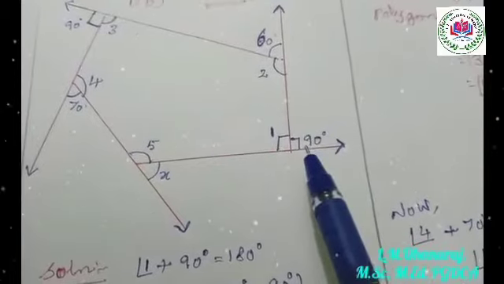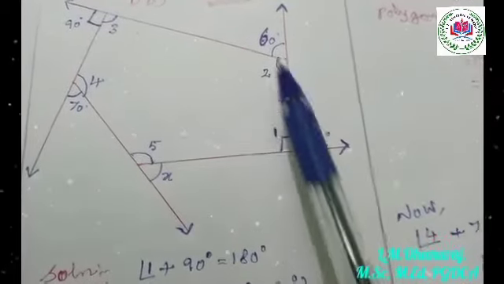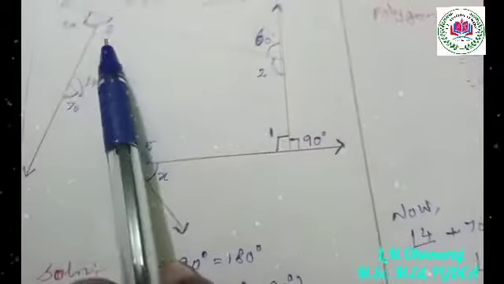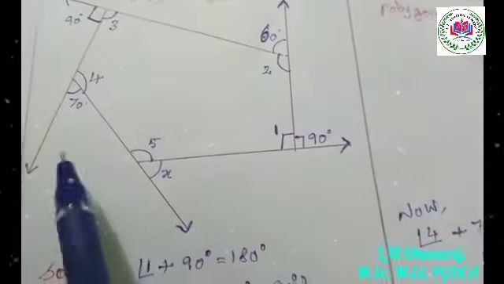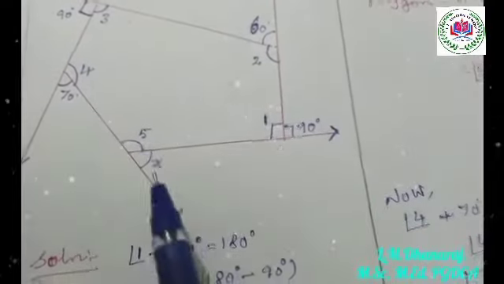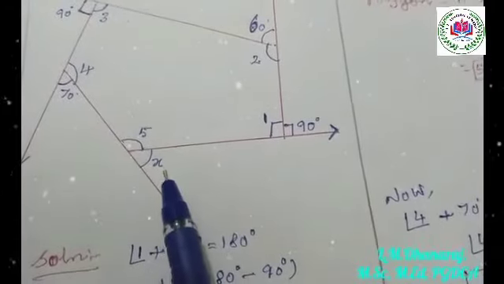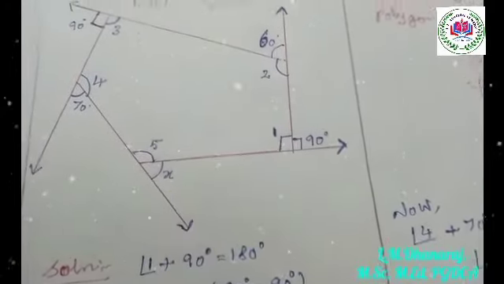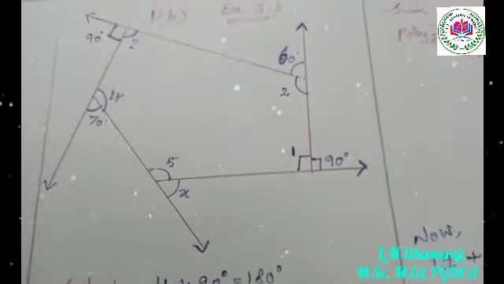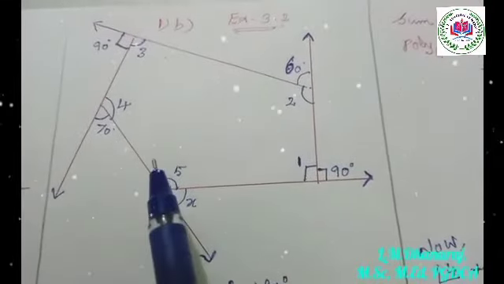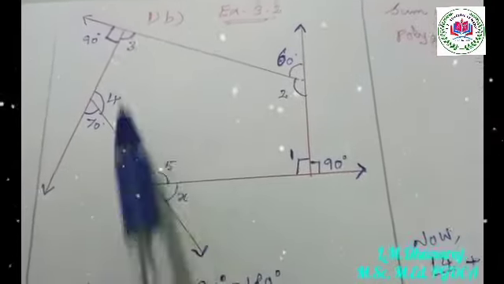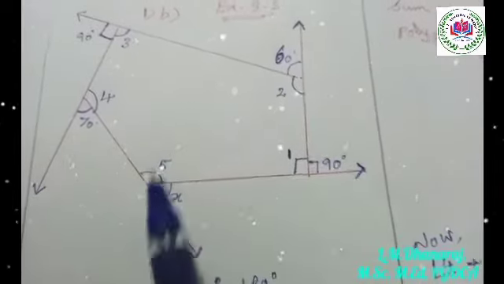And look at the exterior angles. Here the first one is 90 degrees, the second one is 60 degrees, the third exterior angle is 90 degrees, the fourth exterior angle is 70 degrees, and the fifth exterior angle is X degrees. This is the one we have to find out. Before that we have to find out the sum of the interior angles in a regular polygon.